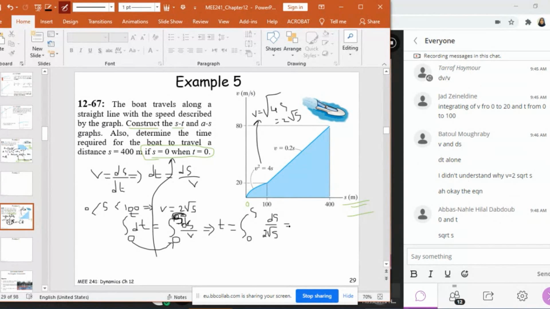It is radical s, guys. So t is equal to radical s between s and 0, which is radical s. This is t. Guys, the question is to construct s versus t. So at the end of the day, I have to find s in terms of t. So what will be s in terms of t? S is equal to t squared. All right, guys? Do you have any questions so far?